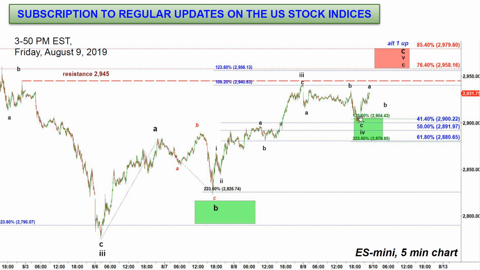Here on Friday morning, I successfully nailed the very bottom of that drop. I said here it could not be that top, because we are working with A up, B down, and C up, and that C up has to be subdivided into 5 waves, 1, 2, ABC of 3. Here I said we need to get ABC down. We got ABC down and it was a perfect setup.